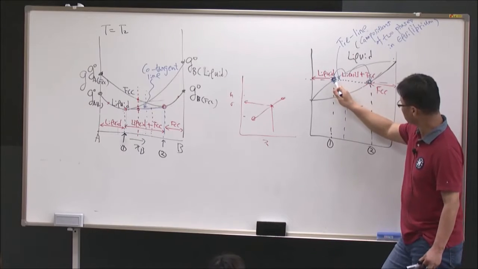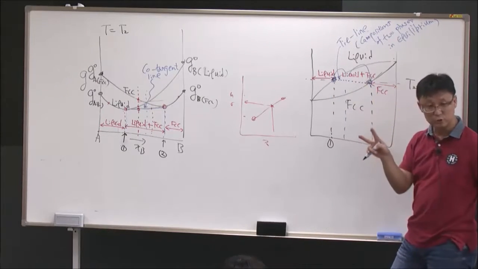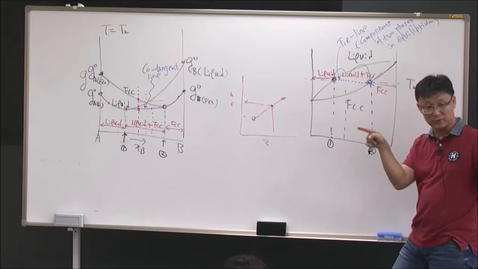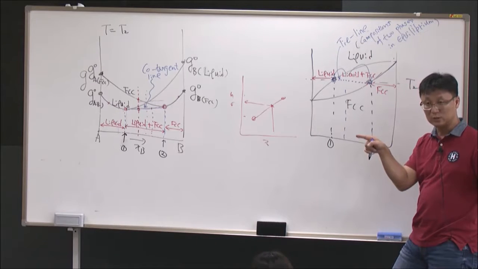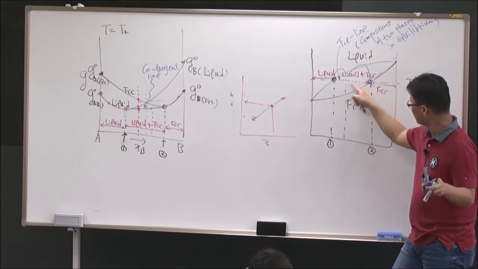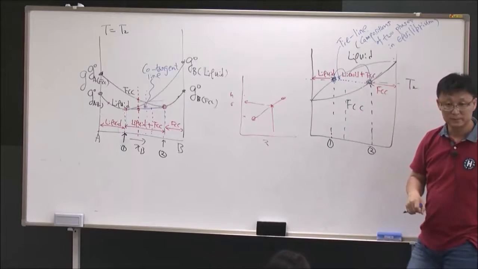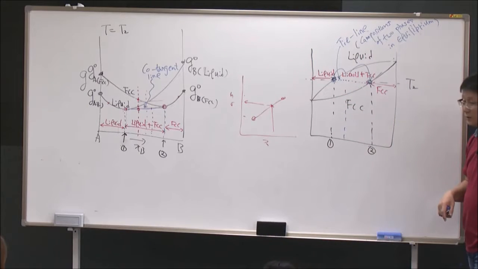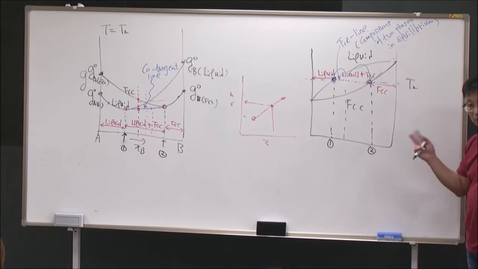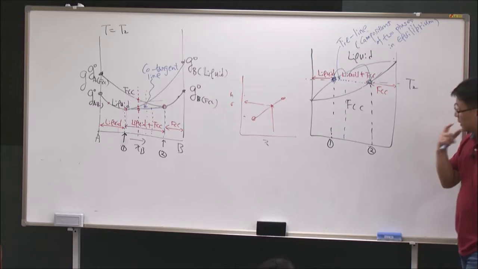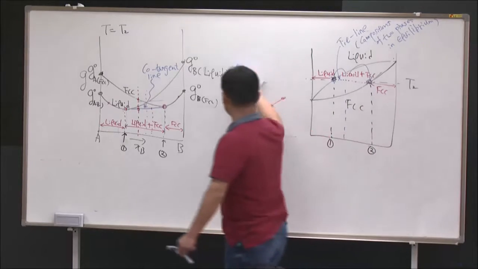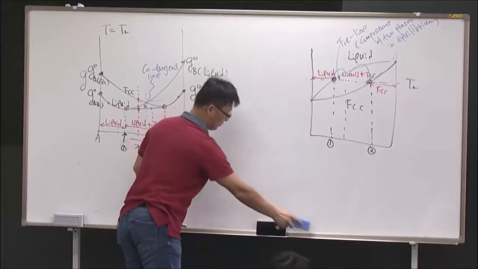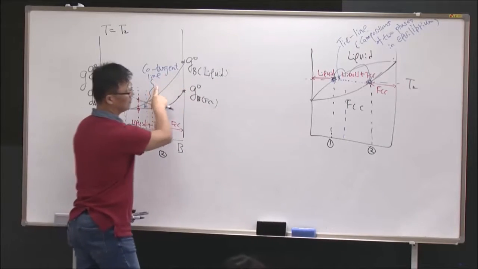So the end points here are the compositions of the two different phases, which are in equilibrium anywhere inside of this tie line. Okay? Very good? And then, when you learn the tie line, we always learn cotangent line and tie line.